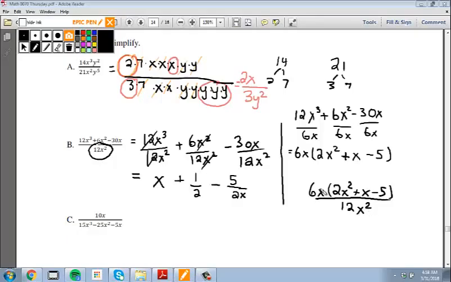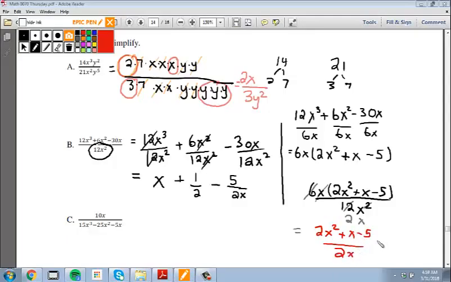Then I could cancel the 6's out, so that makes that a 2, and then the x out, so that just leaves x here. So I actually would be left with, let me pick a darker color here, 2x squared plus x minus 5 all over 2x.